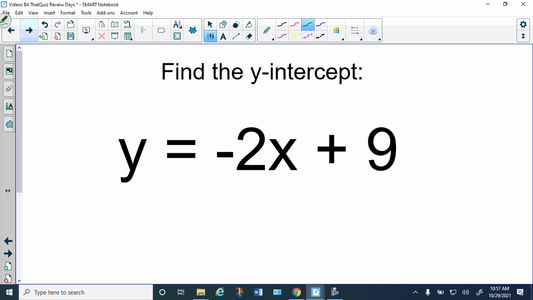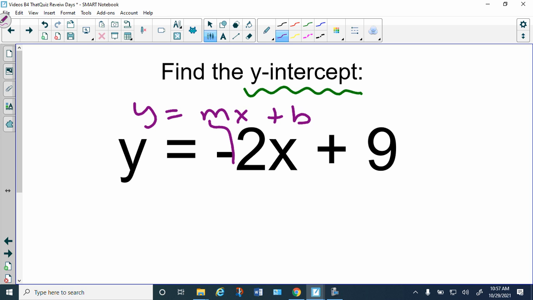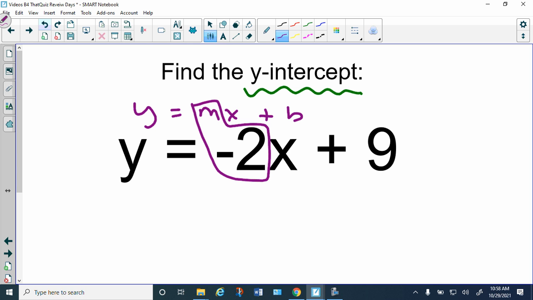All right, go ahead and write this down. Now we're switching to find the y-intercept. So once again, when we are looking at y equals mx plus b, the slope-intercept form, we know that in this case the slope would be the -2, right? And then the b is the +9.